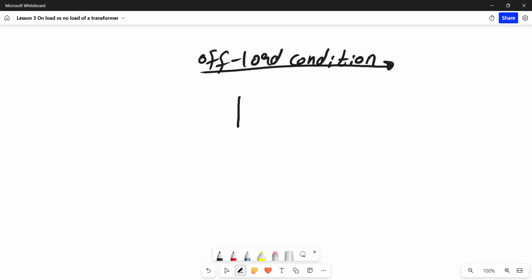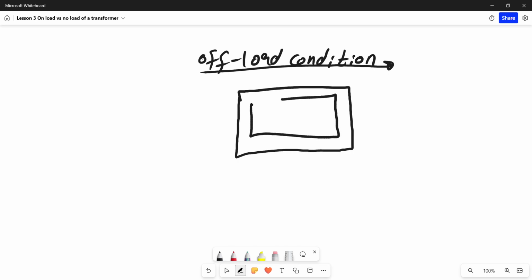I will draw a simple sketch of the simplest representation of a transformer. So you have your core, you have your first winding, or your input winding, or your primary winding, and then you have your secondary winding.